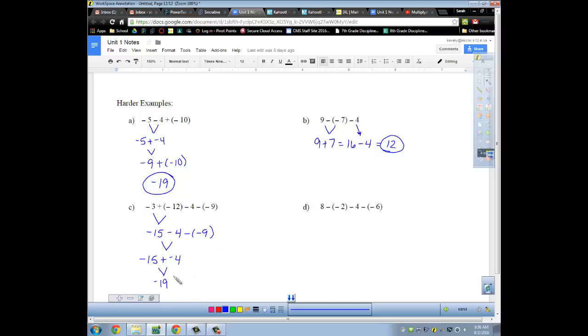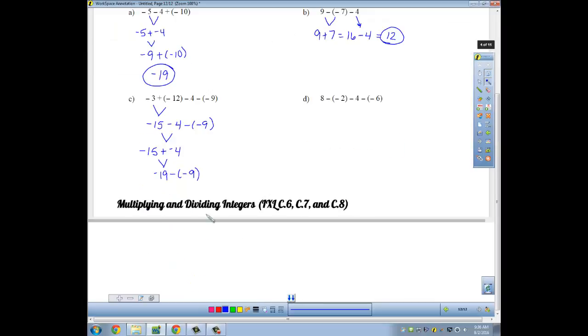Then I'm going to bring down this minus negative 9. Okay, so here I have subtraction, I have some negatives, so I'm going to change subtraction to addition. Change your negative 9 to a positive 9. These are different signs, so we're going to subtract. 19 minus 9 is 10. Keep the sign of the bigger number, which is negative, so negative 10.